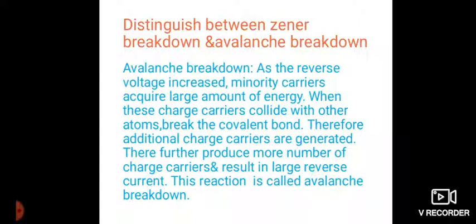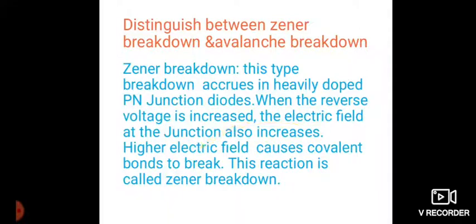This reaction is called avalanche breakdown. Whereas Zener breakdown occurs in a heavily doped PN junction diode. When the reverse voltage is increased, the electric field at the junction also increases. A higher electric field causes covalent bonds to break. This reaction is called Zener breakdown.